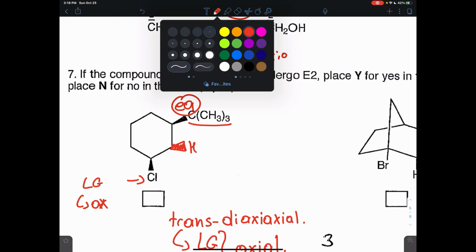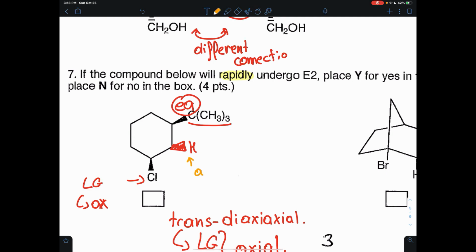Now the next one has to be axial, and then the next one has to be equatorial. It's like alternating. And then the next hydrogen on the wedge right here is going to be axial, and the next hydrogen here on the wedge is going to be equatorial. So that's a quicker way than just drawing the chair conformation and trying to figure it out.